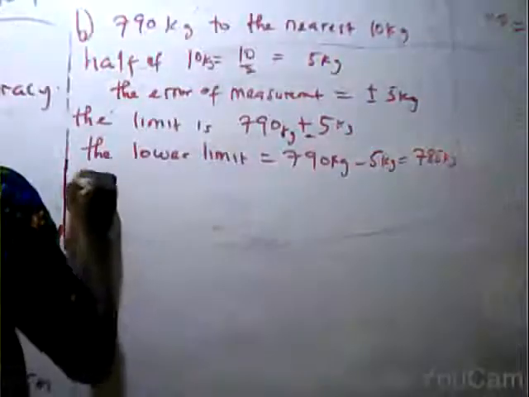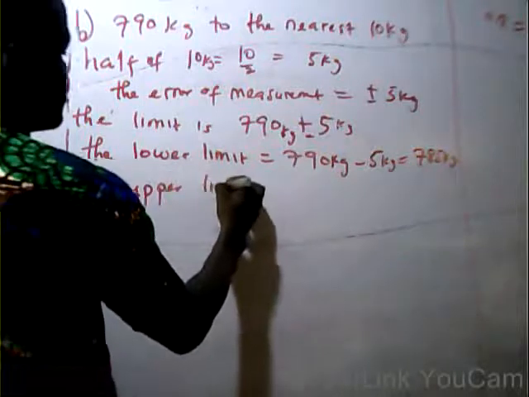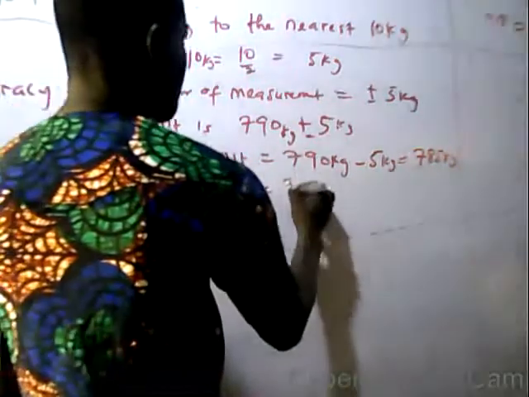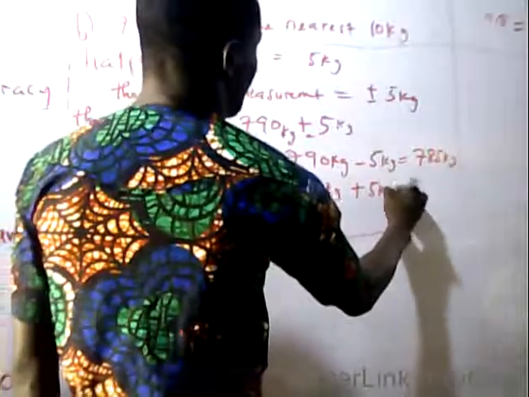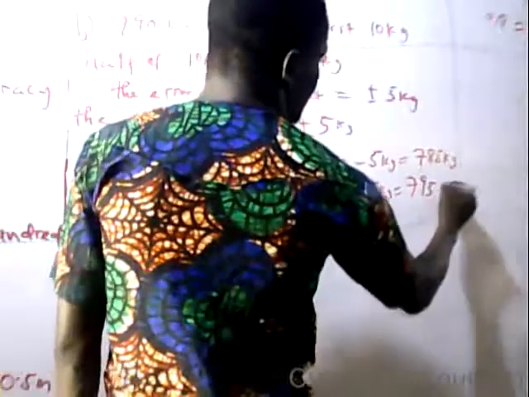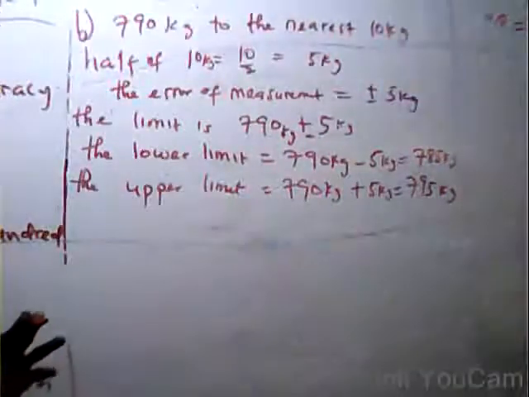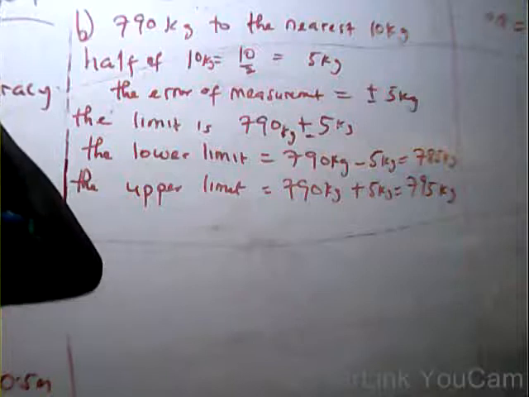Then the upper limit equals 790 kilogram plus 5 kilogram. So that is 795 kilogram. Are you getting it now? You see that the error there is plus or minus 5.